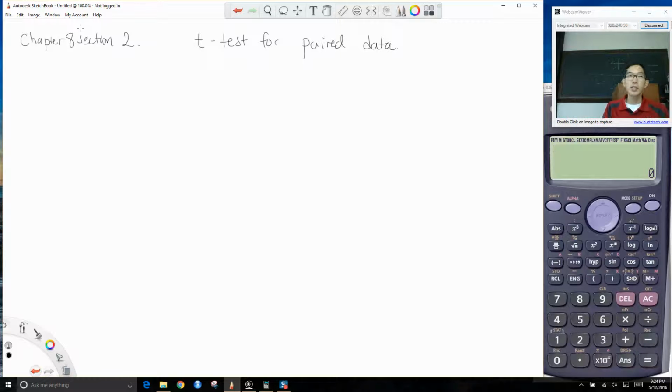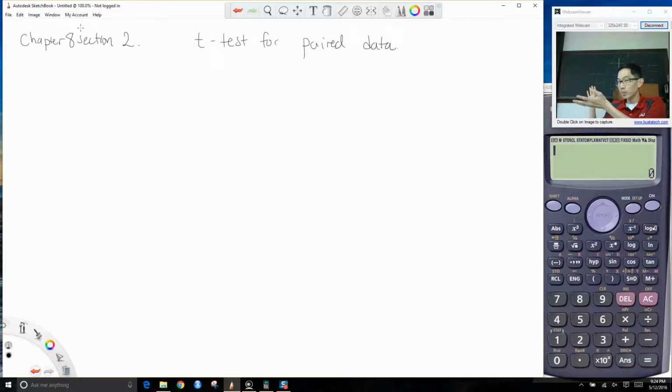The idea here is that the regular old t-test is for two independent samples, sample 1 and sample 2. The individuals in those samples have nothing to do with each other. You got sample 1 from population 1 independently from sample 2 from population 2.